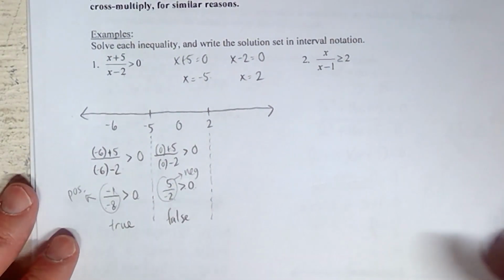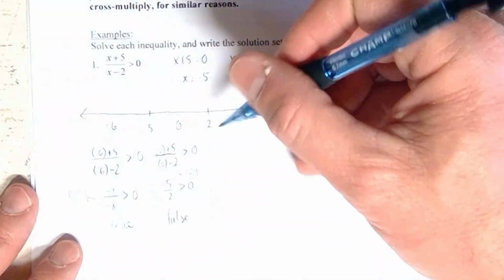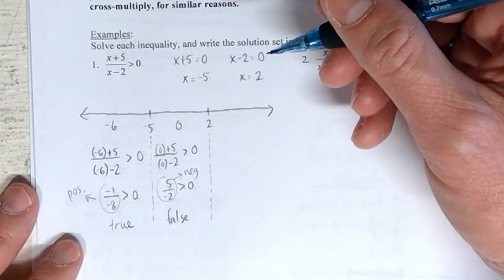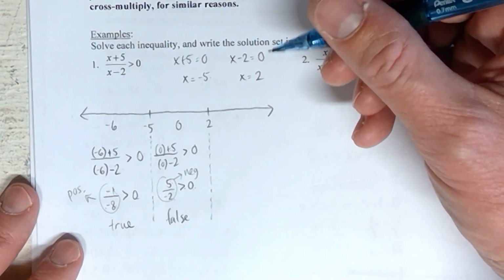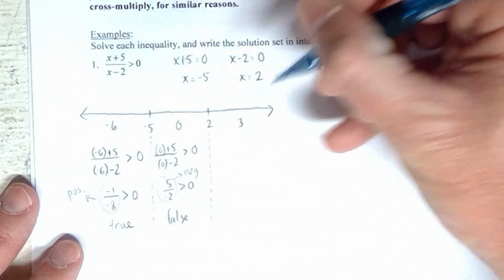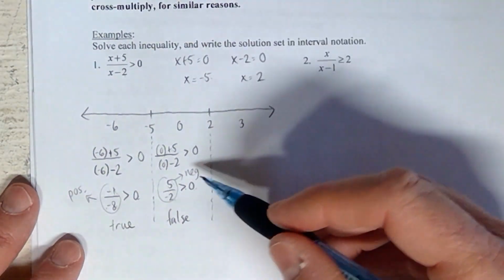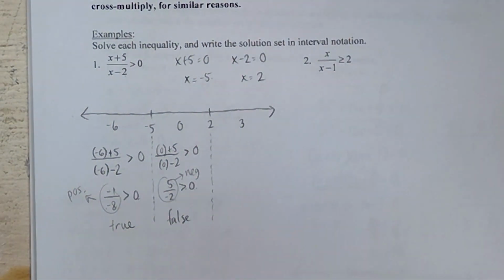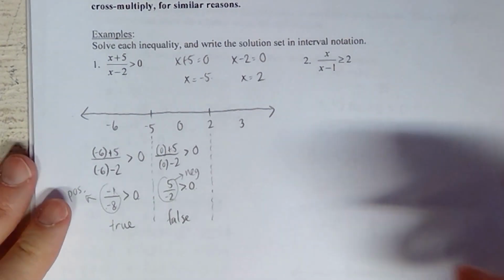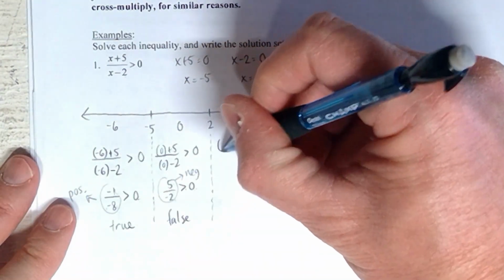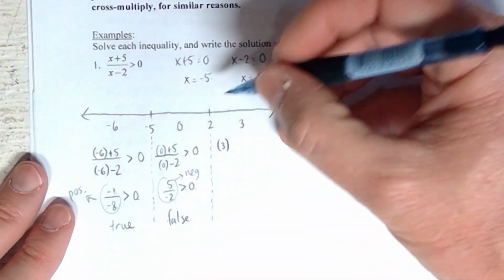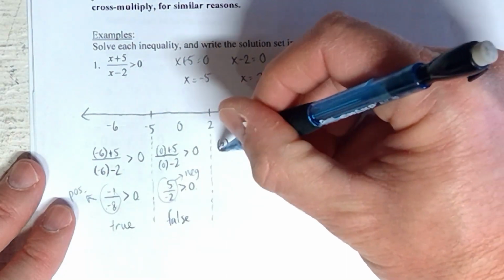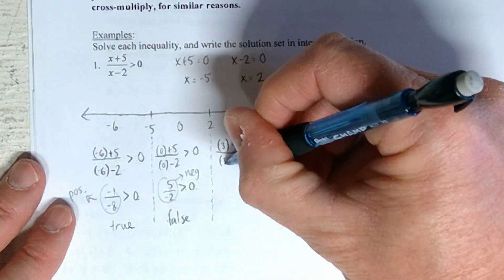So you don't even care that it's -2.5. What you care about is the fact that it's negative. The negative part is all that you need to know when you have a 0 on the other side. If there was something other than 0 on the other side, then it's a little bit different. We'll get into that more as we go on to the next problem. But when you've got that 0 on the other side, the sign of the fraction is really all that needs to be known.